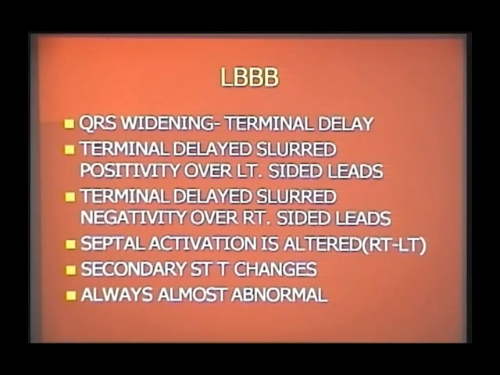It is happening from right to left in left bundle branch block. So you will not have an initial Q wave in uncomplicated left bundle branch block. In any left bundle branch block, you will not have the septal Q wave which you normally describe in normal ventricular depolarization. And secondary STT changes are there because the depolarization is delayed.